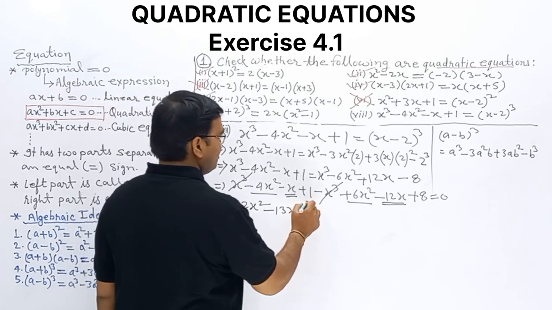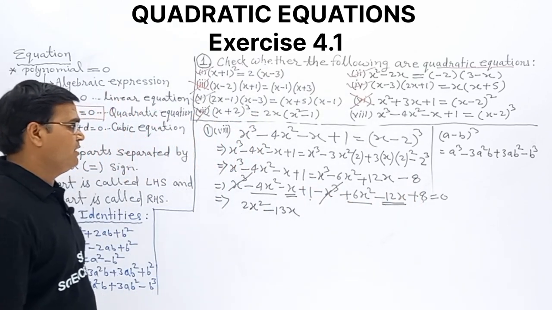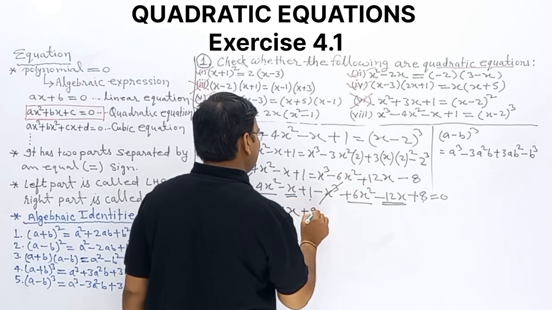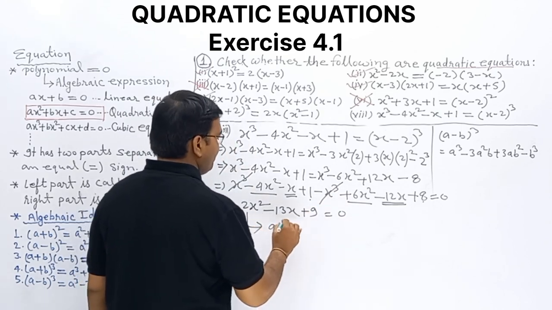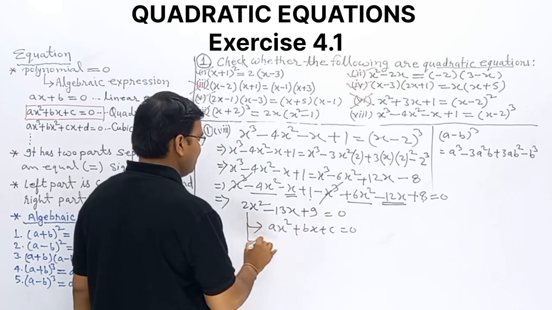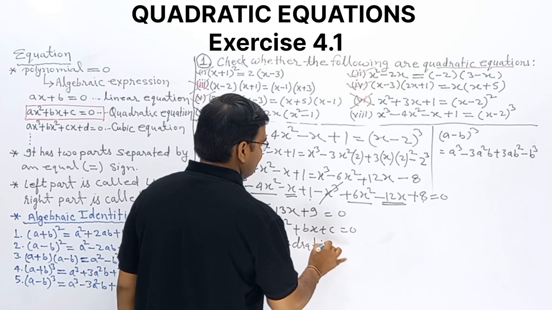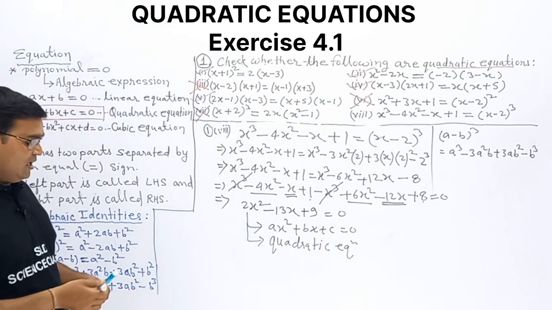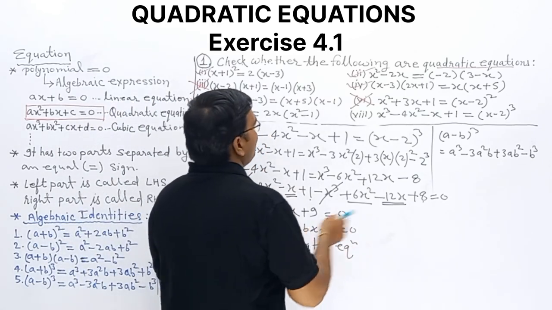Now the constant term: 1 plus 8 is 9, equal to 0. Yes, this is in the form of ax square plus bx plus c equal to 0, so we can say it is a quadratic equation. Getting? In all questions what we are doing, this one is what? Quadratic.